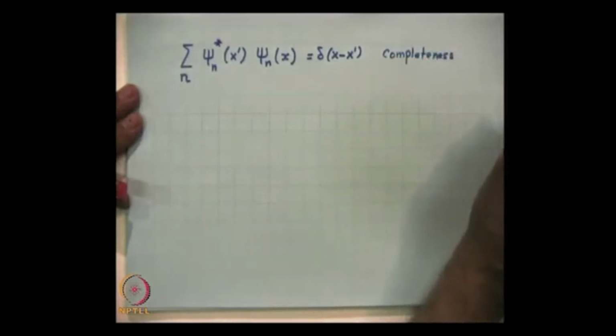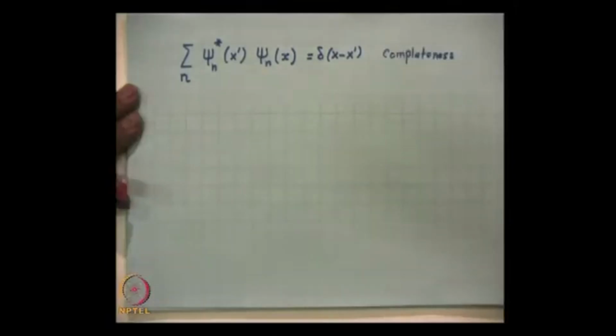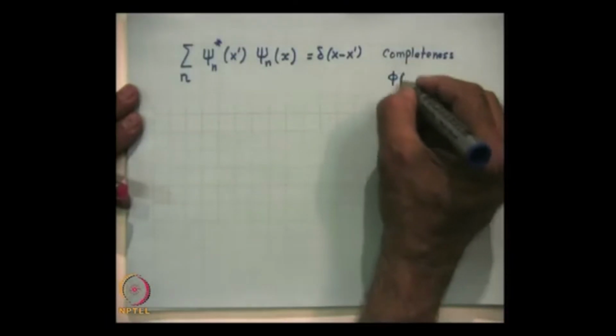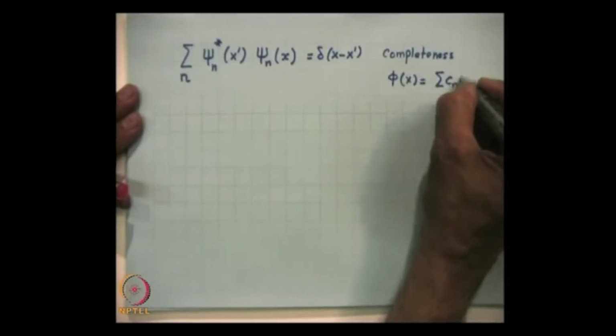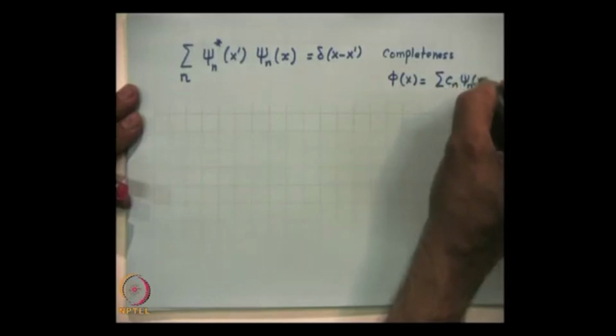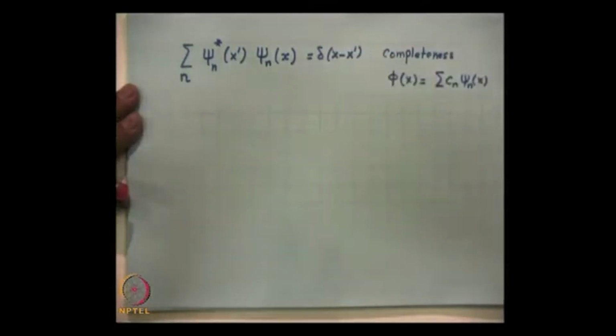This tells us that any well behaved function of x, like phi of x, can always be expanded in terms of this complete set, something like the Fourier series. In a particular interval any well behaved function can be expanded, as you may have already read, in terms of the Fourier series.